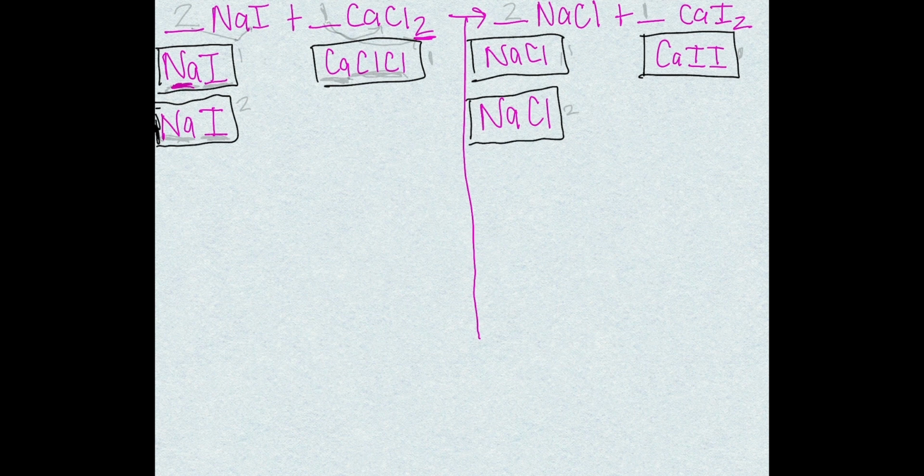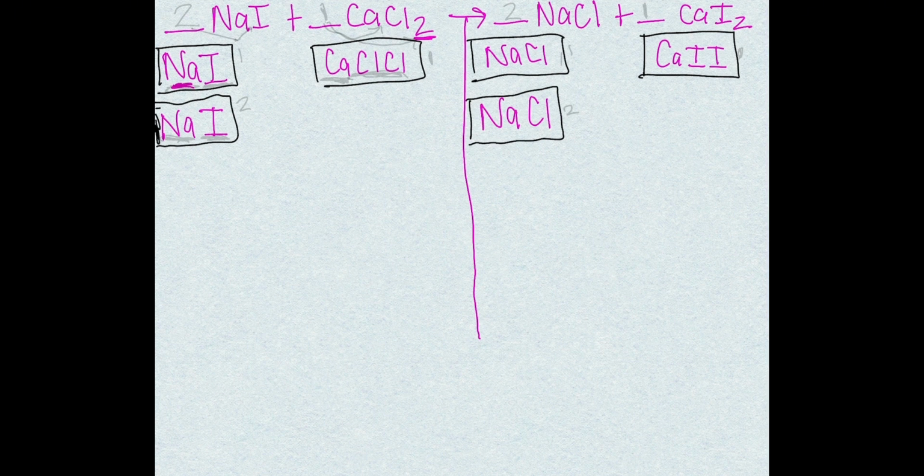That is very key and very important, because you will notice that once you take care of it from left to right, the balancing takes care of itself. So now I have my 2 Na's on my reactant side, and my 2 Na's on the product side.